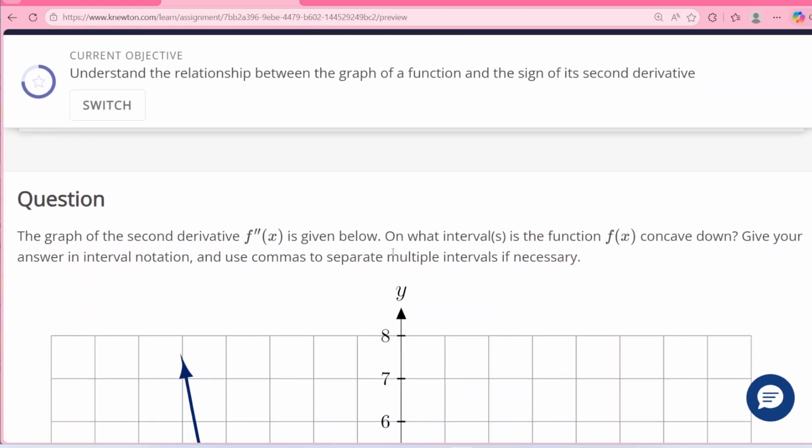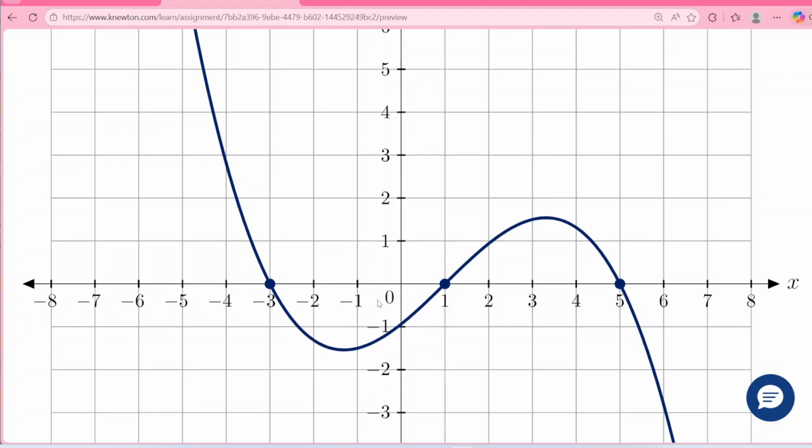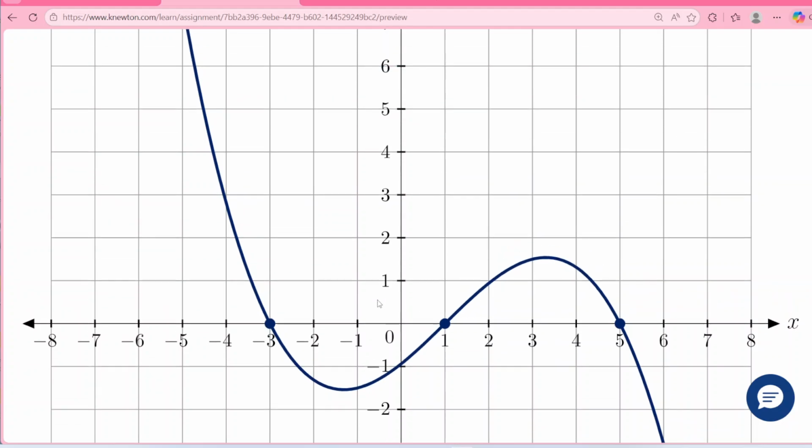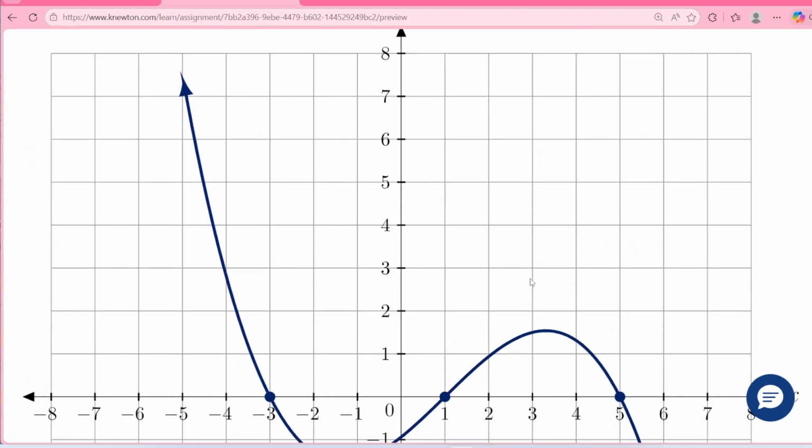So another graph one. Now this is like the second problem we saw in this objective. So this is the graph of f double prime. This is the graph of the second derivative. And we're asked about where is the original f going to be concave down? So remember the second derivative, wherever that has a negative value, that's where the original graph will be concave down.